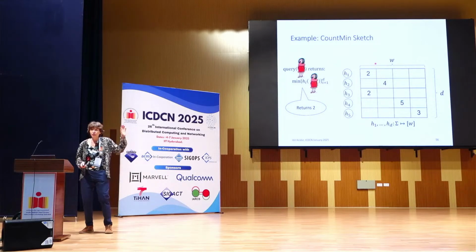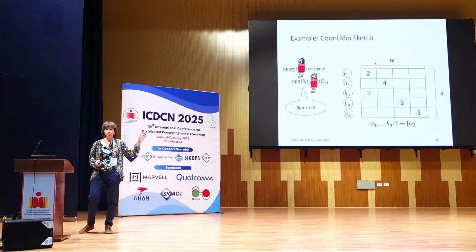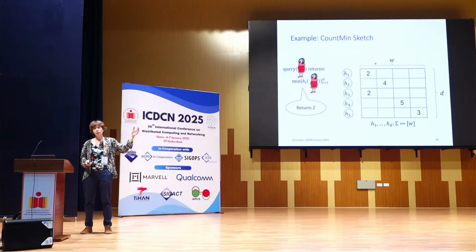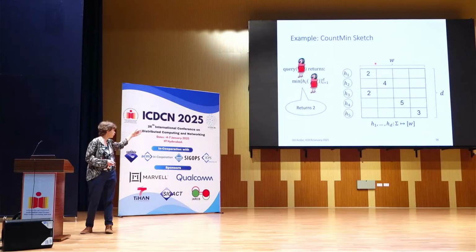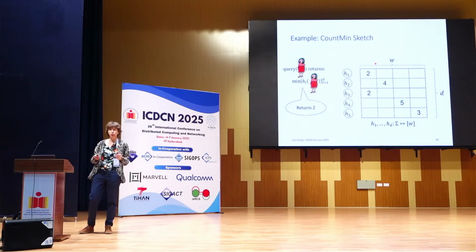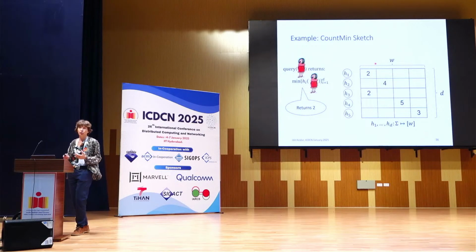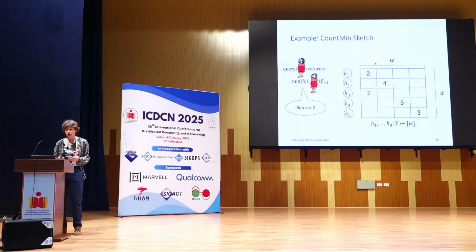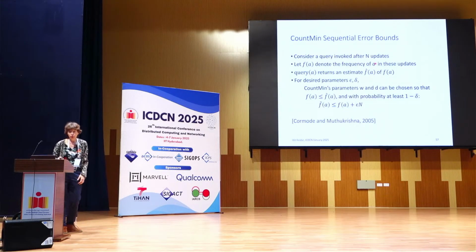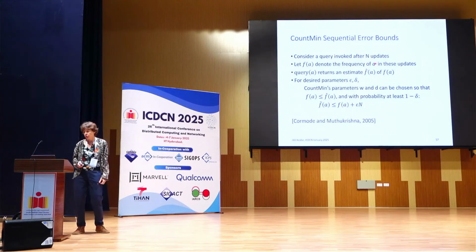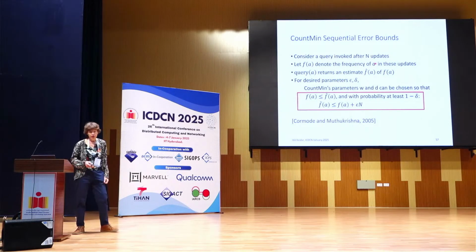It's very easy to see that this thing never undercounts, because every time we encountered the red lady, we incremented all of these, and when we query for her, we're going to find them. And because we use many counters, we get the statistical property that we don't overcount too much because of collisions. This is the analysis from the Cormode and Muthukrishnan paper.